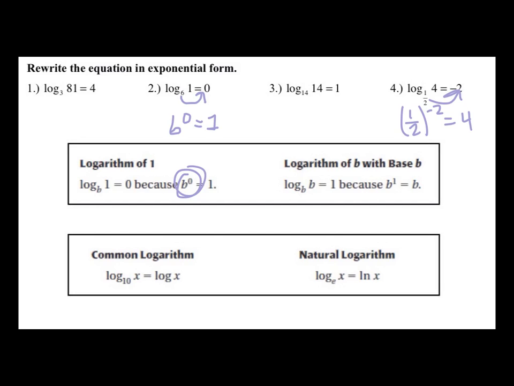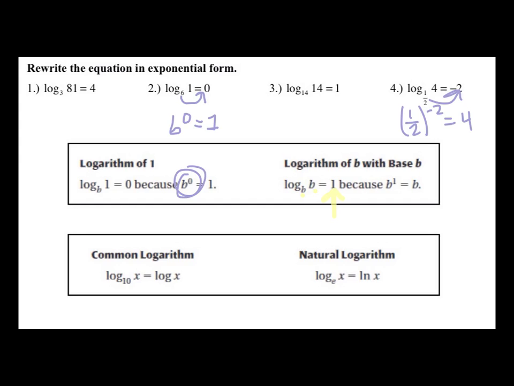Anytime the base of your log and the argument of the log, so the base and the big part, match, then it's going to equal 1, because you're going to need them to equal each other. The only way you can equal itself with an exponent is by taking it to the first power. So anytime you have a base b and an argument b, it's going to equal 1, because that's the only way you're going to get it to equal itself.